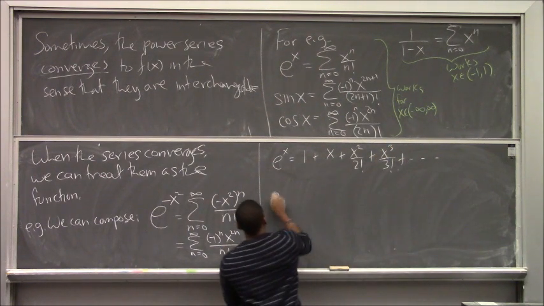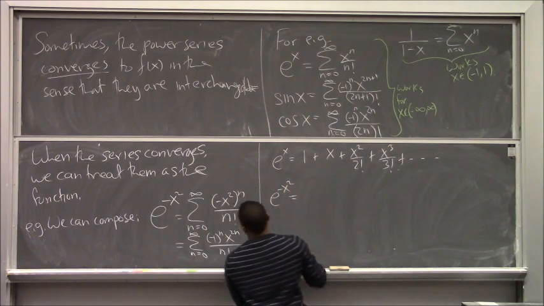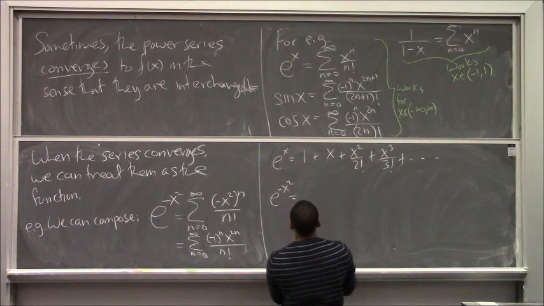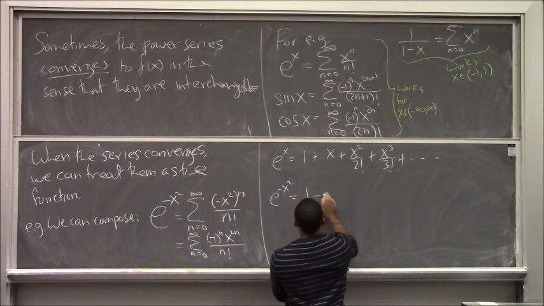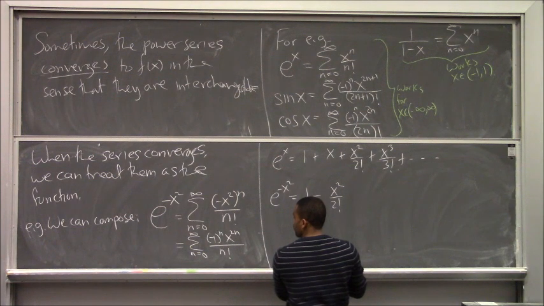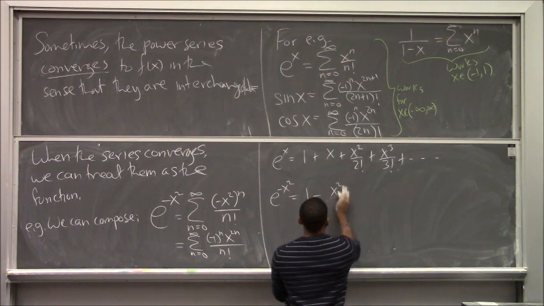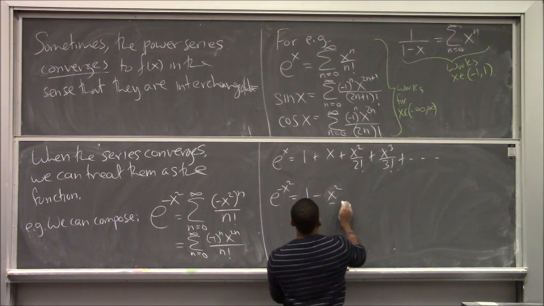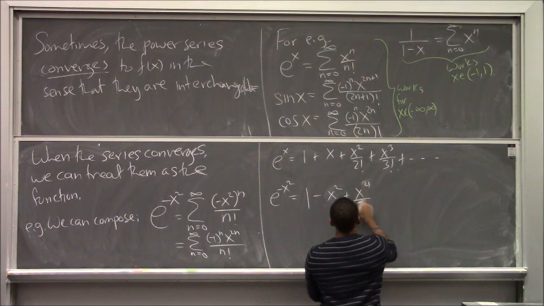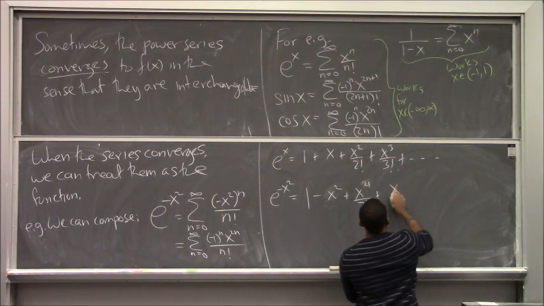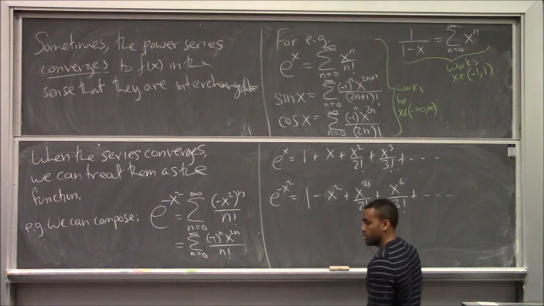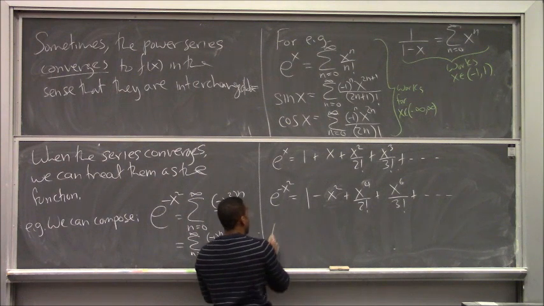I can think of the function e to the minus x squared as 1 minus x squared plus x to the 4th over 2 factorial minus x to the 6th over 3 factorial plus etc.